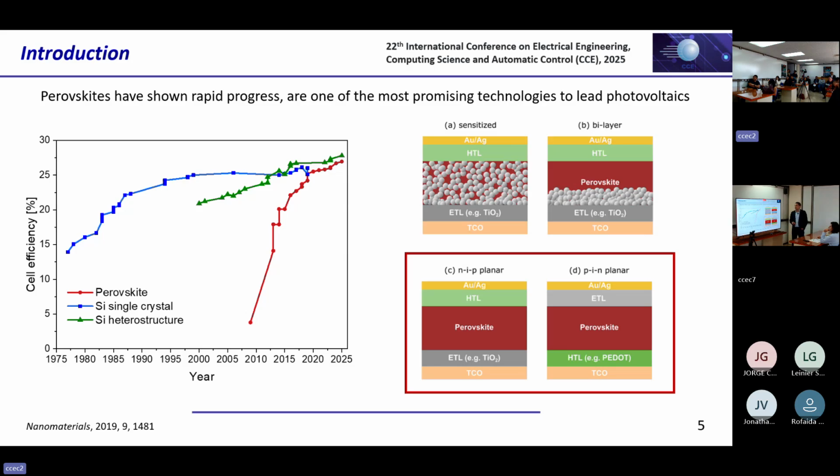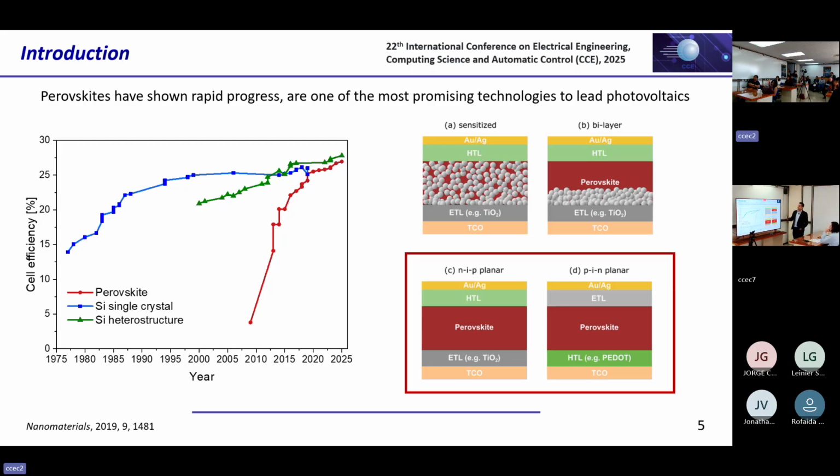That's why I prepared this plot, just to show you the comparison of the evolution of the efficiency of the perovskite solar cells with the most typical or famous solar cells made with silicon. As you can see, the increase in efficiency is very fast. In the span of maybe 10 years, they increased the efficiency a lot.